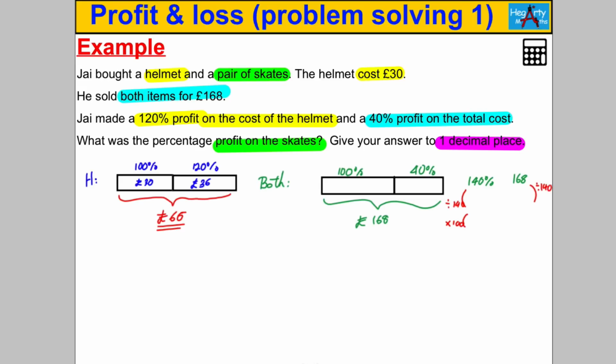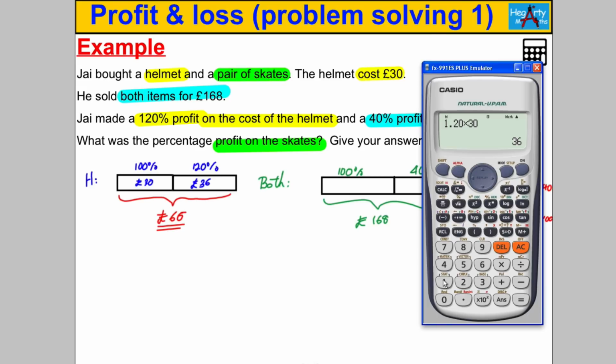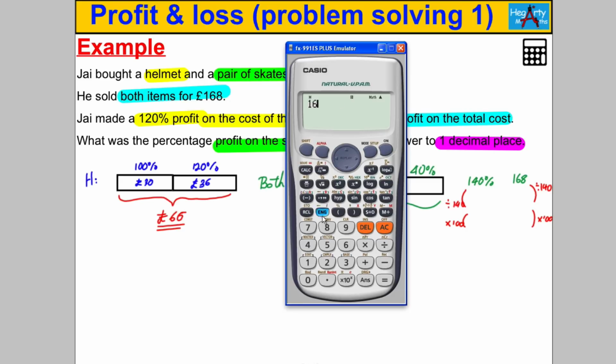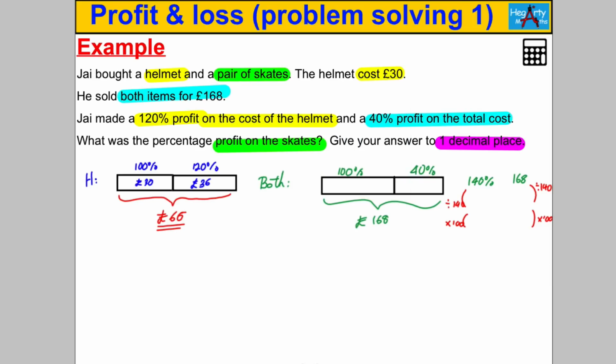With the calculator, I do 168 divided by 140, and then multiply by 100. So I get 120. So I know 100% is the same thing as £120. In short, this part is £120, and this part, which is 40% of that, must be £48, so it can add up to 168.